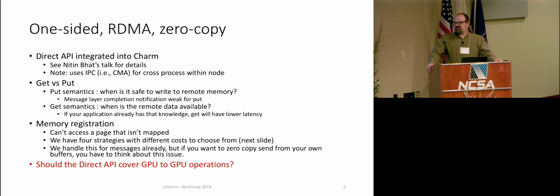And in that case, the actual completion detection from the underlying RDMA technology works well for the get-based scheme, in that your initiator is the same as the target. So it's fairly straightforward for us to tell you when your data has arrived. And we can provide a nice low latency approach for this with no copy semantics on top of your operation from Charm or from the message layer, just directly from your buffer.